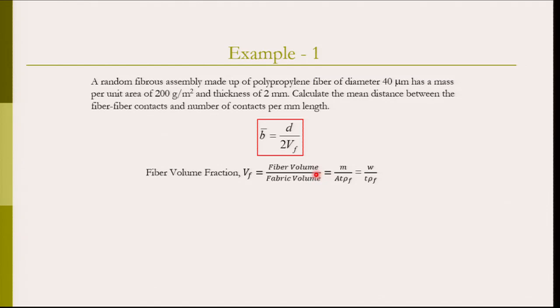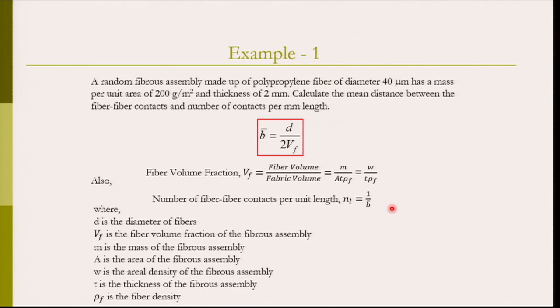So, fiber volume is mass upon density and fabric volume is area into thickness. So, mass per unit area, which we also call GSM, is defined by W here, and we divide it by the thickness T and rho f. Rho f is the fiber density. We can also calculate the number of fiber to fiber contacts per unit length, as we have discussed earlier, by taking the inverse of b bar.